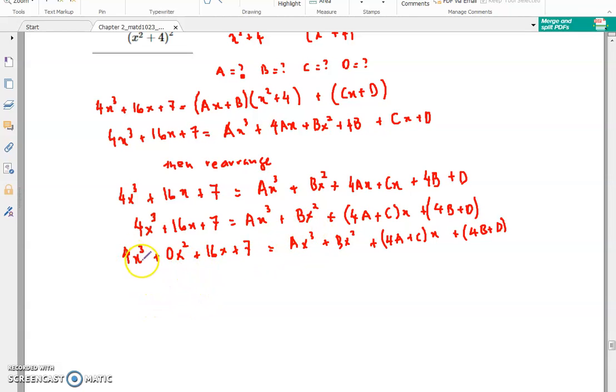For the x cubed group, we have a equals 4. For the x squared group, the value of b is 0. For the x group, 4a plus c equals 16. Since a is already known to be 4, 4 times 4 plus c equals 16, so 16 plus c equals 16, and c equals 0 also.